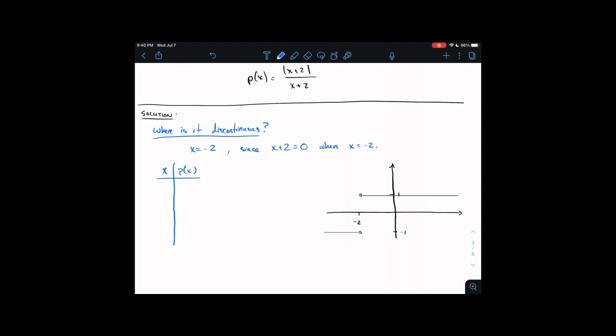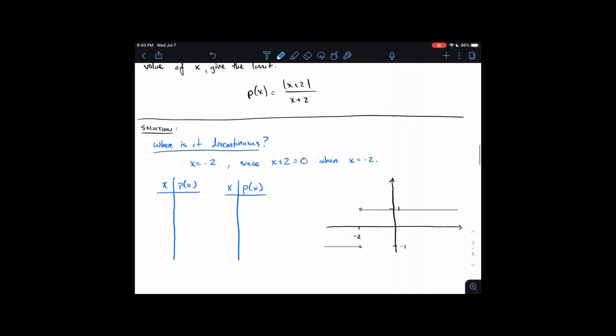We know that it's not defined at -2, so we want to approach -2, and let's do it from both sides. Let's do 2 tables, the left and right hand limit, because the limit could not exist. Based on this picture, it shouldn't exist, because the left and right hand limits don't agree, but we should see why.